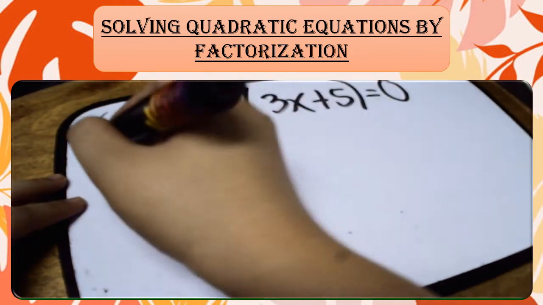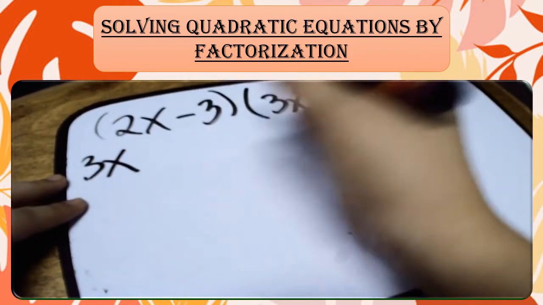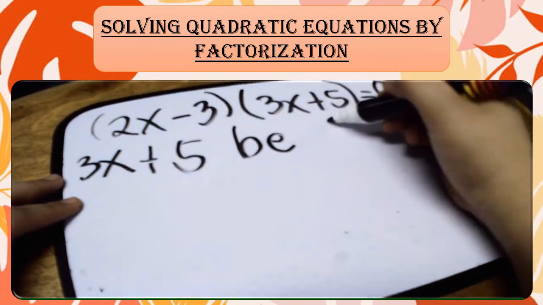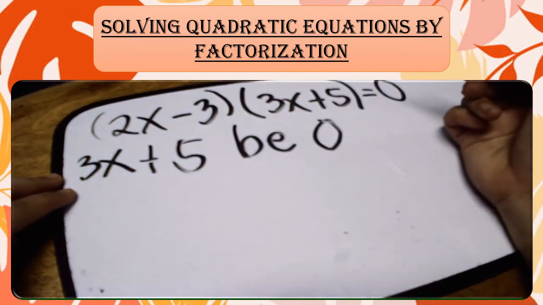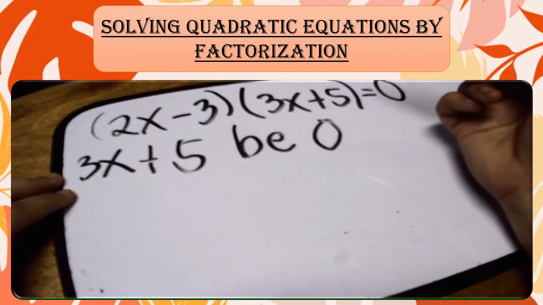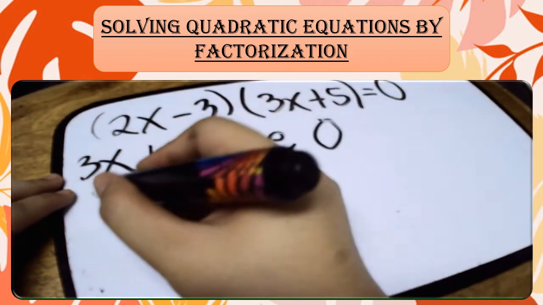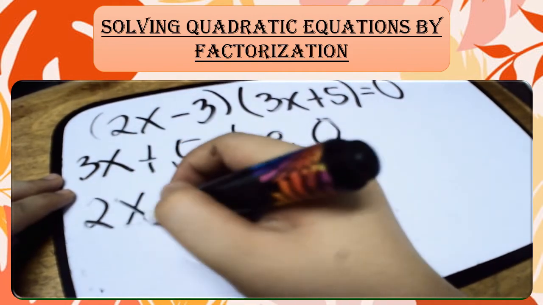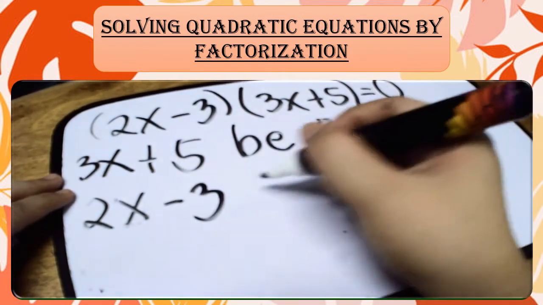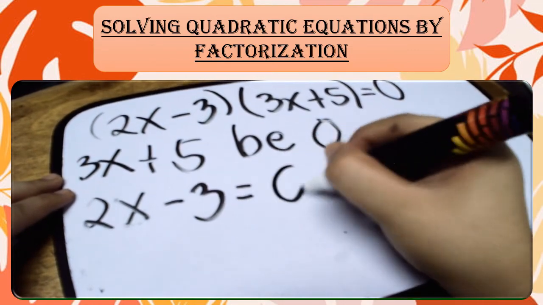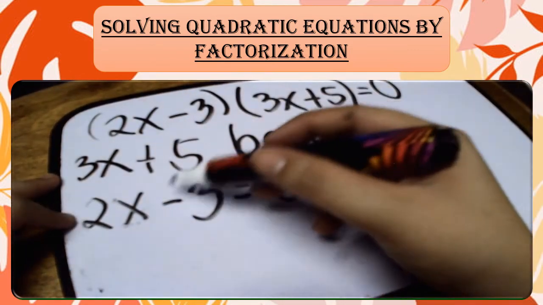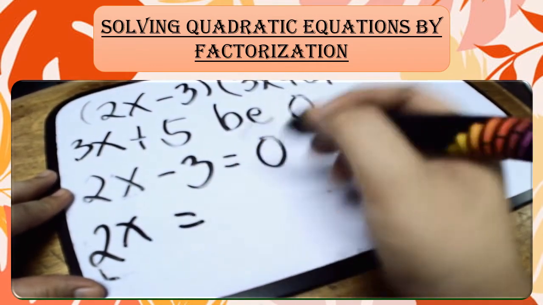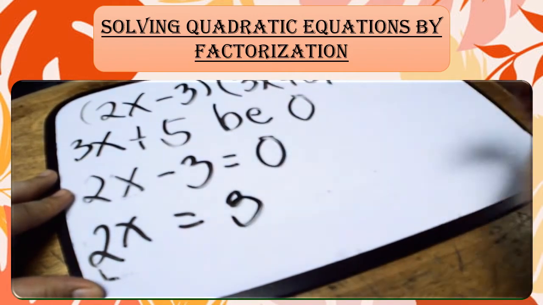To get that, let 3x plus 5 be 0. Copy 2x minus 3. 2x minus 3 is equal to 0. Next, transpose negative 3. 2x is equal to positive 3.